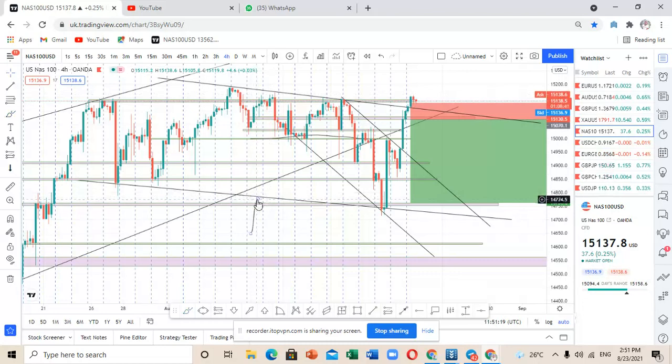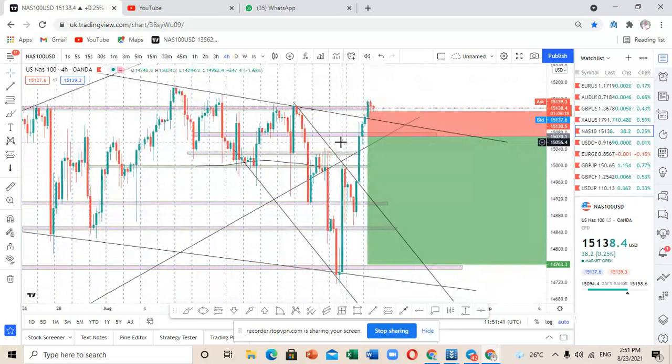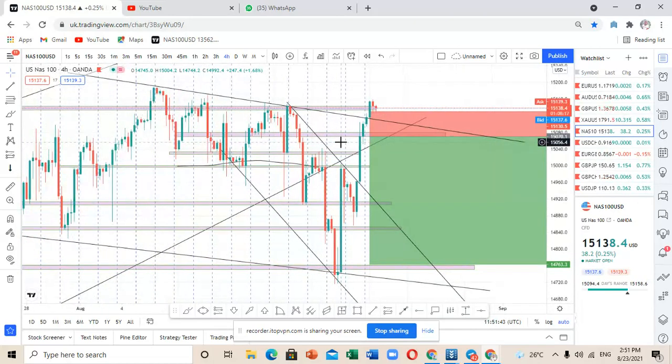Currently, since we are in this strong point of support in these areas, we are expecting a downward movement, but the downward movement must be confirmed.